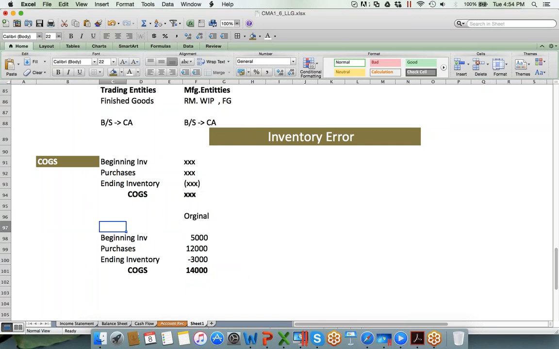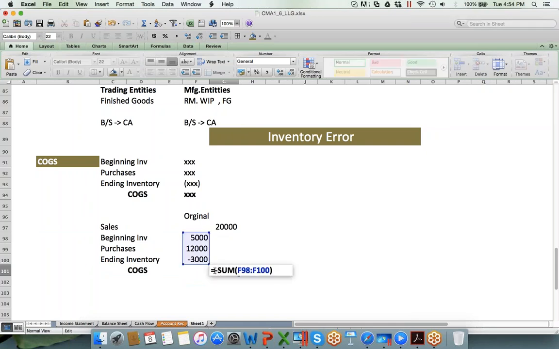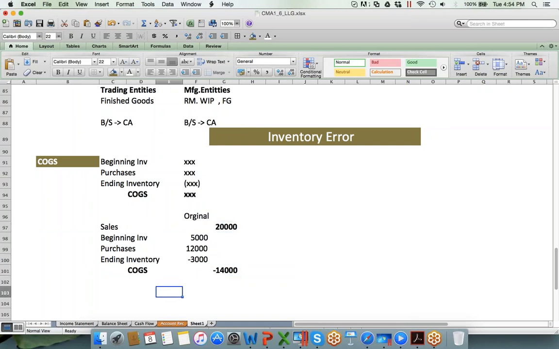Now we have sales here, say for example $20,000. So this is 14,000 and the sales is 20,000, so your gross profit is 6,000.